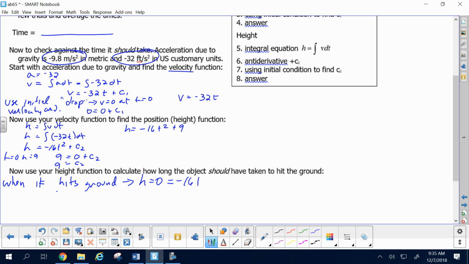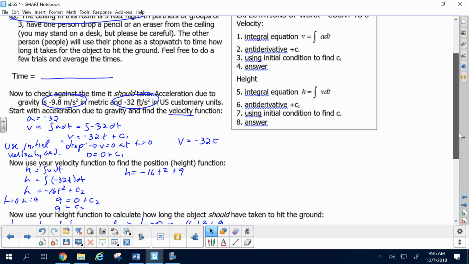If negative 16t squared plus 9 is supposed to result in 0, then that would happen at time of what? Now, it's awkwardly long how long this is taking. So what is it? 3/4. Yeah, 3/4 of a second. Those of you who had 0.73, you were the closest. It should take 0.75 seconds. Obviously, we have some measurement error in there. All right? That is the process of the day.